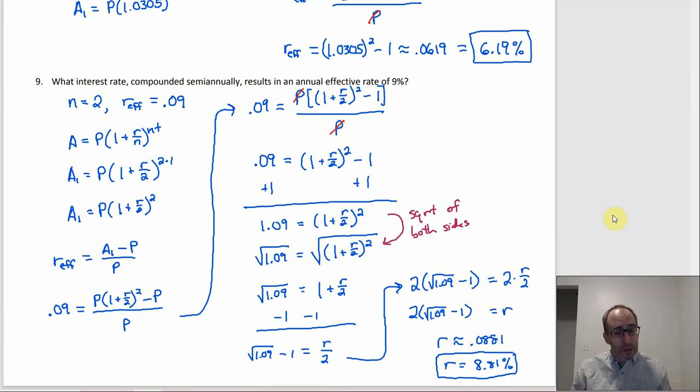I don't think that will come up. This might, since I did see it. But I think if this one comes up, you'll just get the semi-annual one. If you get something like this, where you're being given the effective annual interest rate, and then you have to back solve for R, and it's not semi-annual, if it's like quarterly or monthly or something, and you can't figure it out in your calculator, then email me about it and we'll see what we can do.